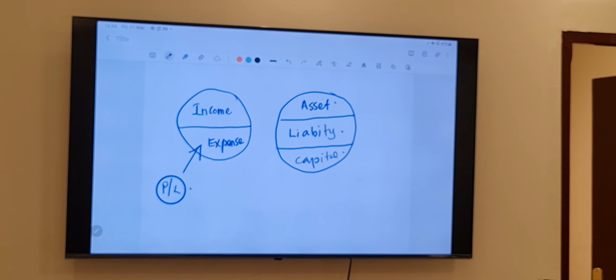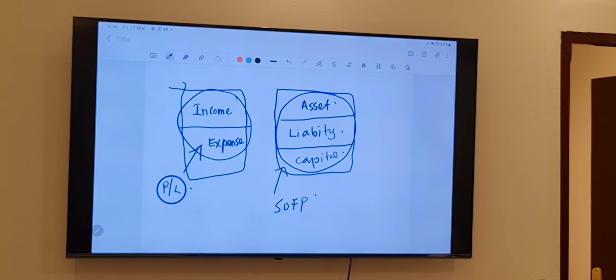Understand me now? So if I name this one P&L, and this one is statement of financial position, you can say that the elements are 1, 2, 3, 4, 5: income, expense, assets, liability, and capital.